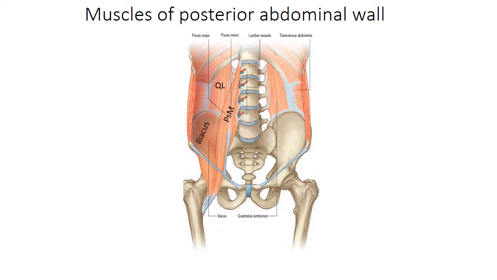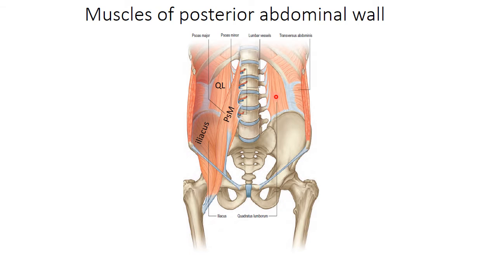Now coming to the muscles of the posterior abdominal wall. Here, see the posterior abdominal wall made up of these three muscles. This is psoas major muscle. Over this, there is a small muscle which is psoas minor. Then quadratus lumborum muscle and iliacus muscle.